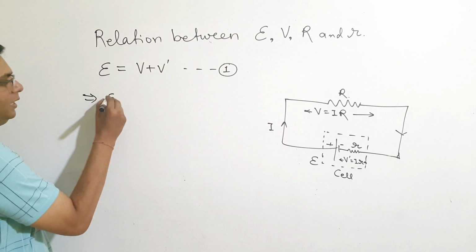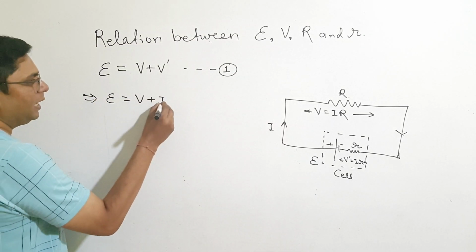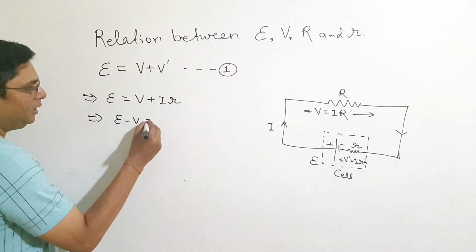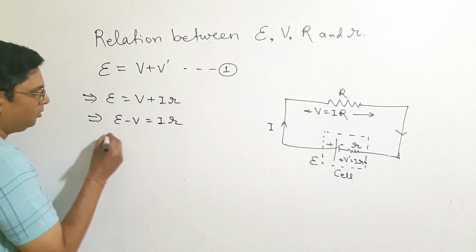From here, E equals V plus IR. So E minus V equals IR.